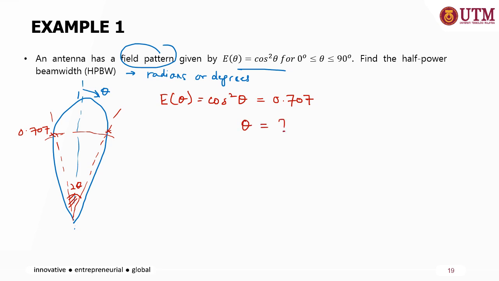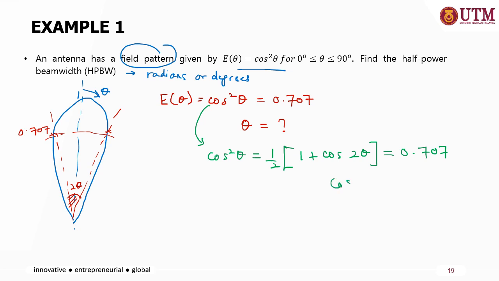By using identities, you need to consider some mathematical operation here. For cos squared theta equal to 1/2 times 1 plus cos 2 theta, it is equal to the half power 0.707.